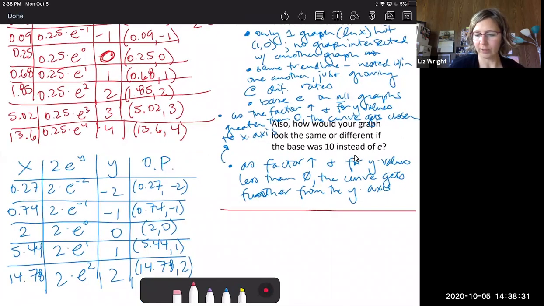All right, to answer this last question. Also, how would your graph look the same or different if the base was 10 instead of e? This is going to come down here. So again, similar shapes. It's just going to be increasing or decreasing that much faster because the base is going to be 10 instead of e.